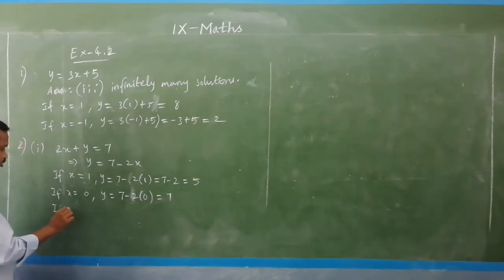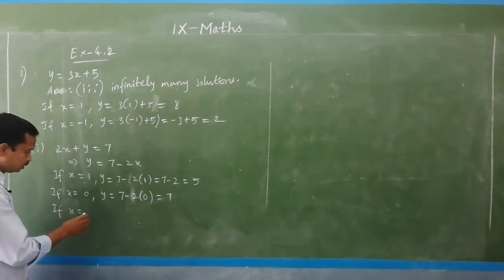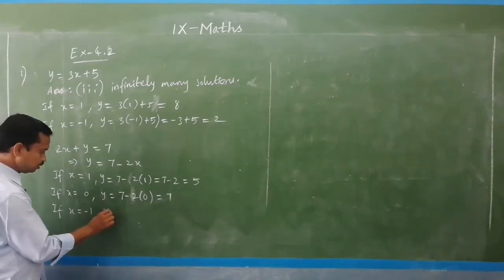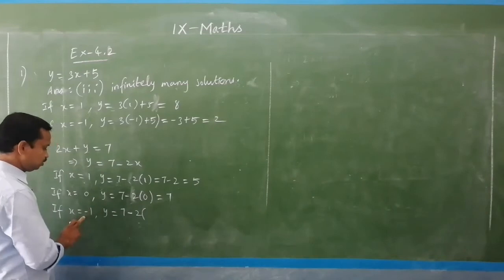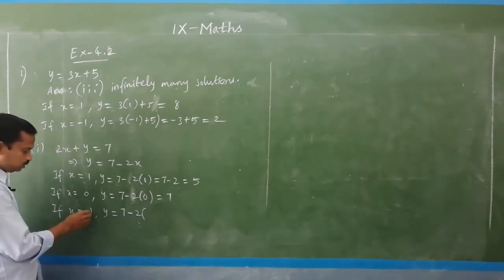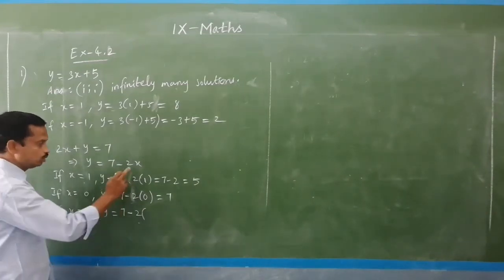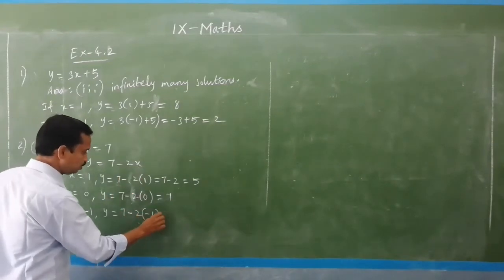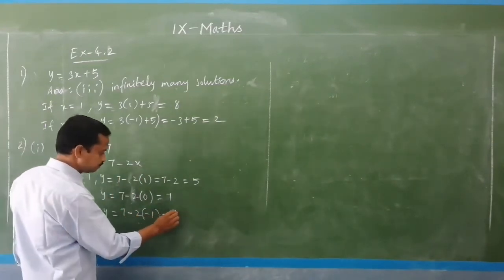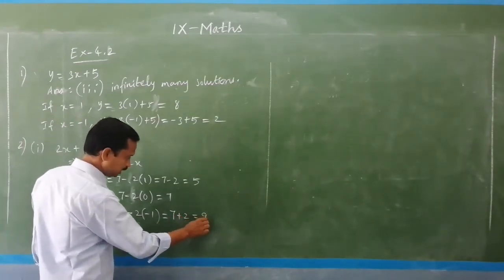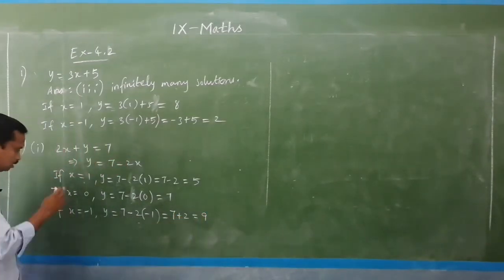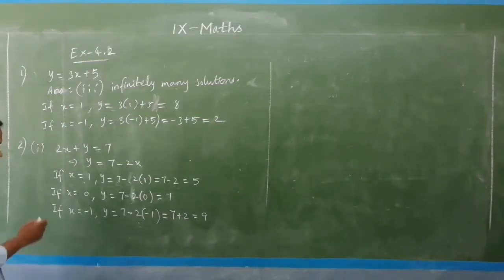How many solutions are they asking? 4. So, x equal to minus 1, then y equal to 7 minus 2 into x, which is minus 1. Now we are taking x equal to minus 1. So, 2 into minus 1. What happens? This is 7 minus into minus, plus 2. This is 9. Clear? How many solutions have we found so far? 3.